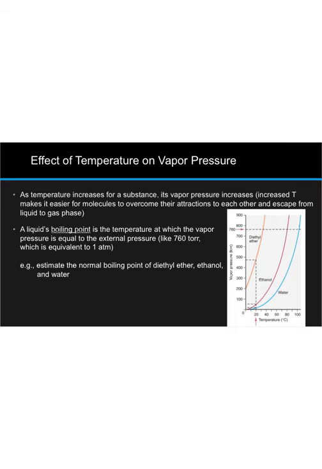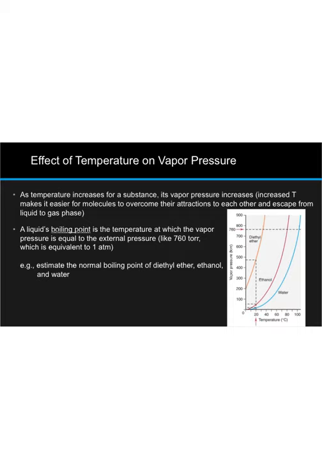There reaches a critical point for a liquid, though, at which the temperature influences the vapor pressure enough so that the vapor pressure for a liquid becomes equal to the external atmospheric pressure. Remember, the standard atmospheric pressure is 1 atmosphere, or 760 torr, and the vapor pressure on this graph is plotted in torr.